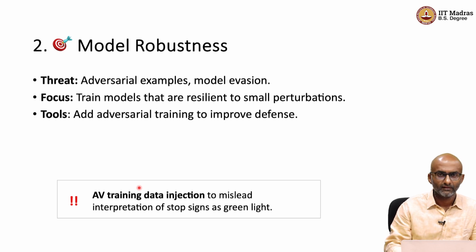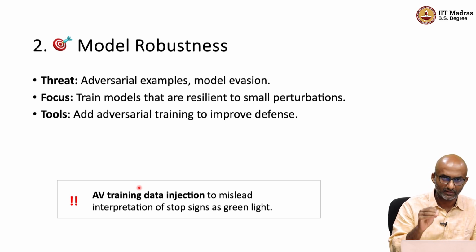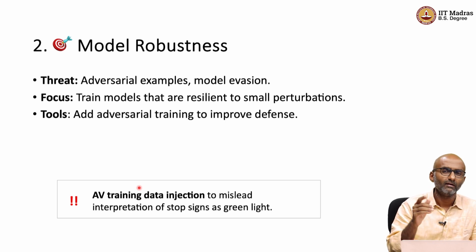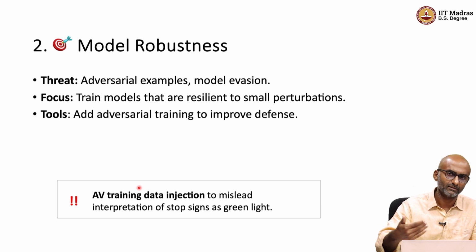So something like that. Introduce the adversarial examples at the point of training itself, such that the model is robust to handle it when the main real world use cases have such genuine examples coming up.